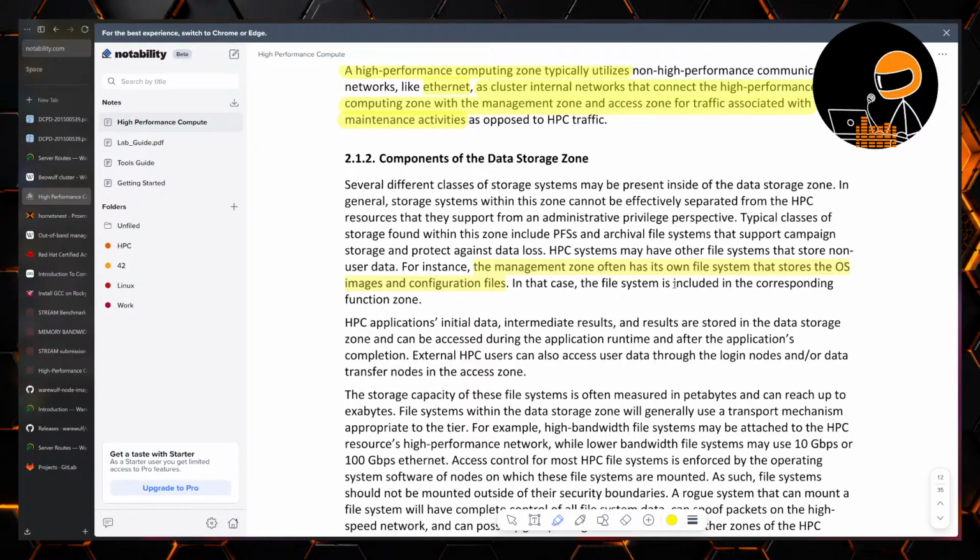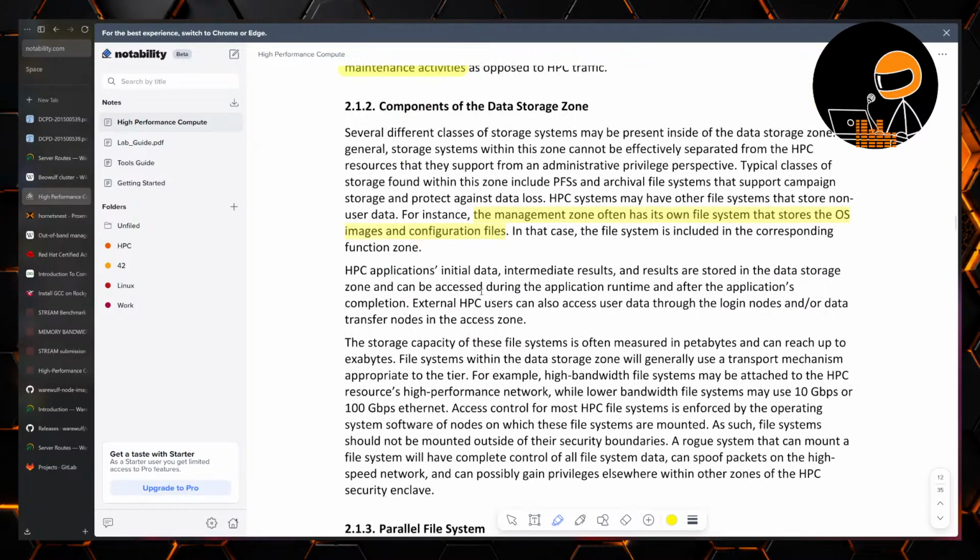In that case, the file system is included in the corresponding function zone. HPC applications' initial data, intermediate results, and results are stored in the data storage zone and can be accessed during the application runtime and after the application's completion.